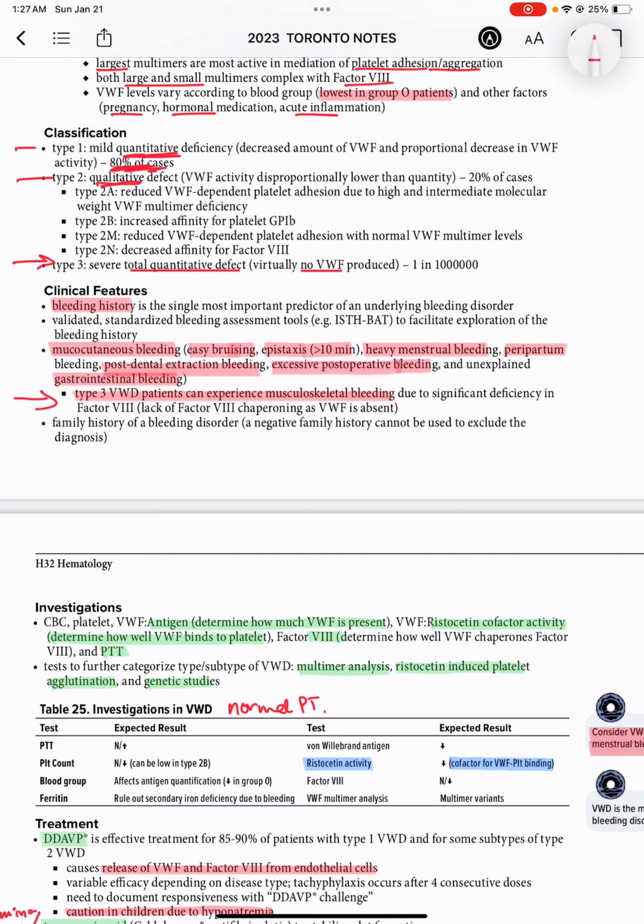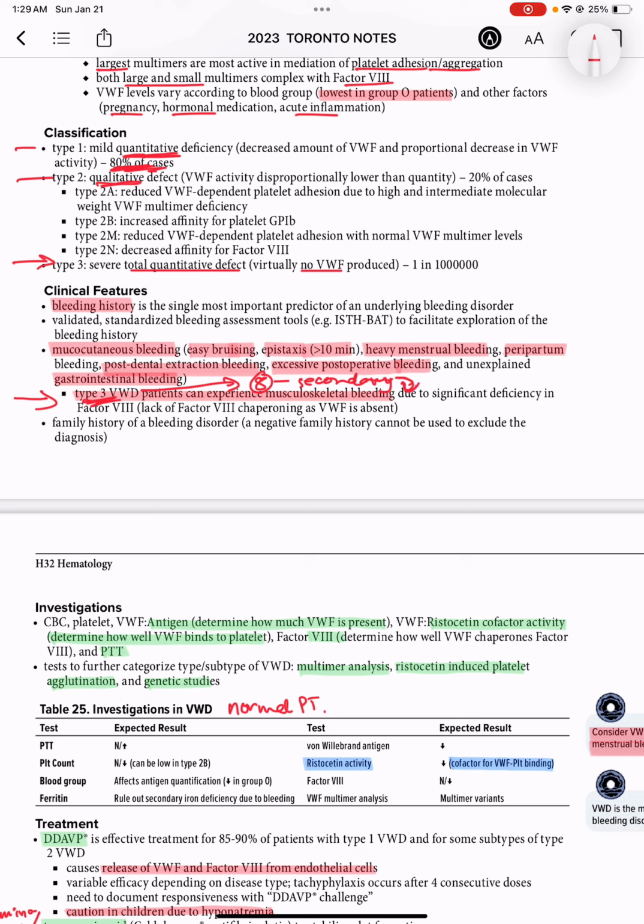So there would be musculoskeletal bleeding in type 3, because in type 3 the problem involves the coagulation cascade, but in type 1 and type 2 it is usually platelet adhesion and platelet aggregation problems, right? In type 3 it involves factor 8, which is secondary, and thus there would be deep bleeding, like musculoskeletal bleeding.